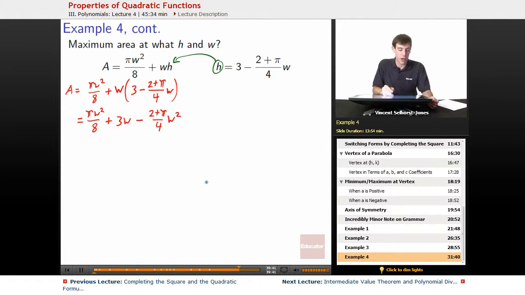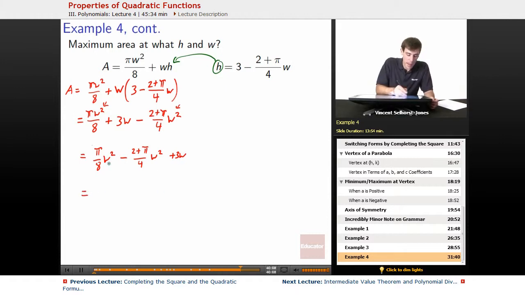We've got w squared. Hey, so now we've got a w squared here and a w squared here, so let's make them talk to each other. So we get pi w squared over 8. So let's actually pull that down. So we'll make it pi over 8 w squared minus (2 plus pi) over 4 w squared plus 3w.